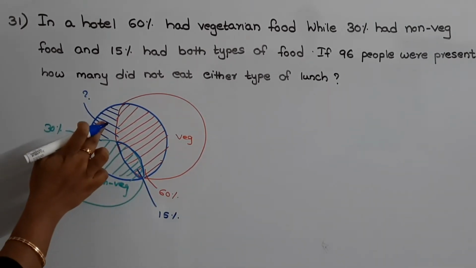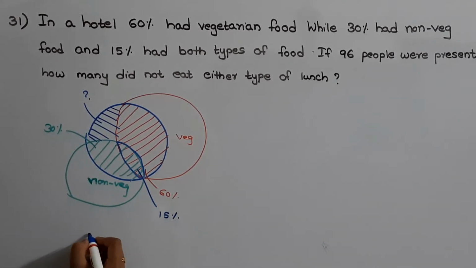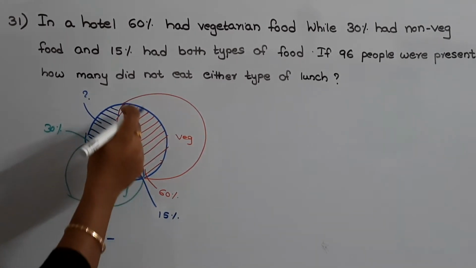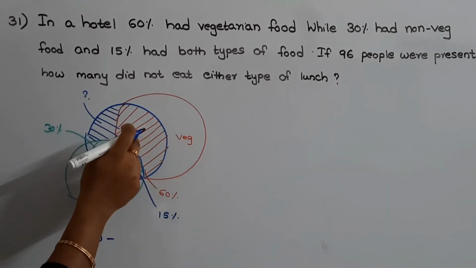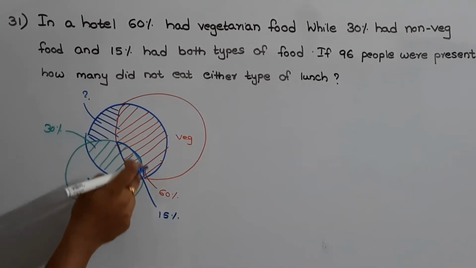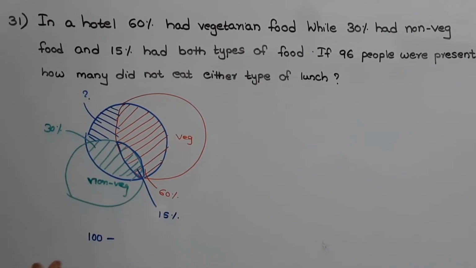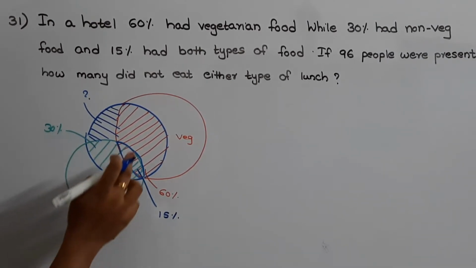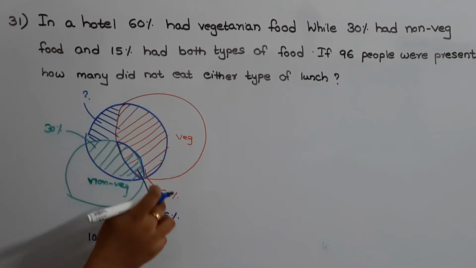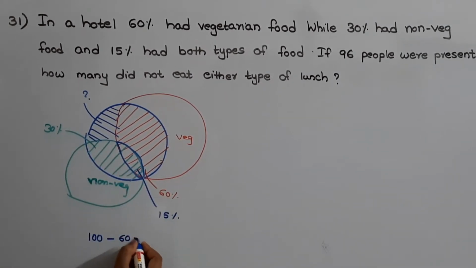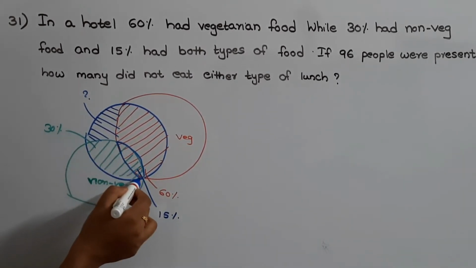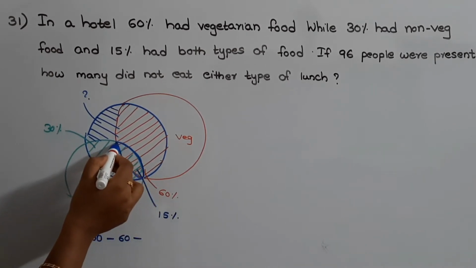Okay, so in order to find this, we need to do 100 minus this shaded portion of the red color and minus the shaded portion of the green color. So we need to do 100 minus the shaded portion of red color, which is 60, minus this part, which is included in the 60.